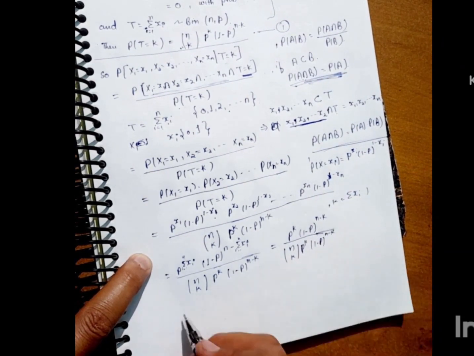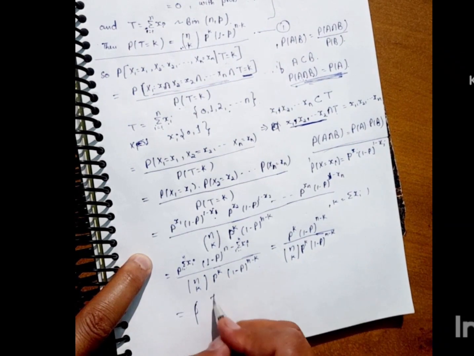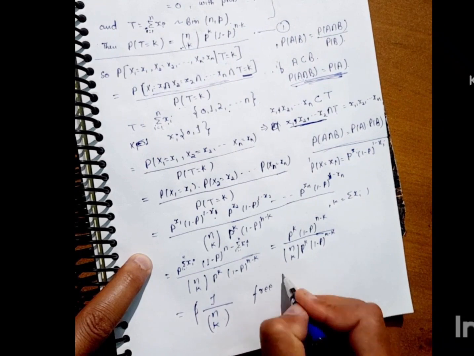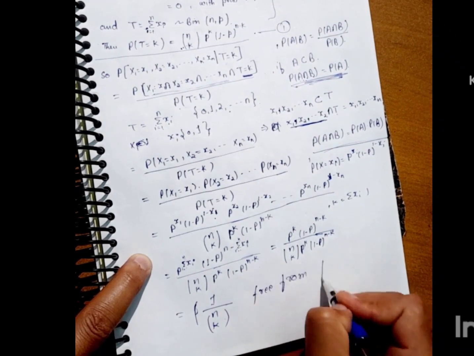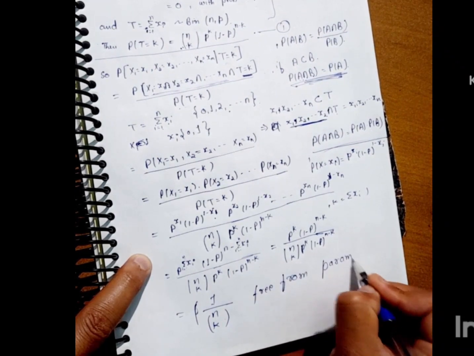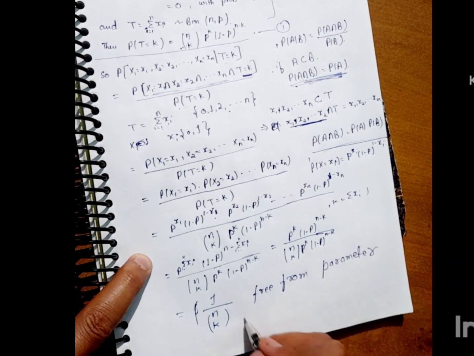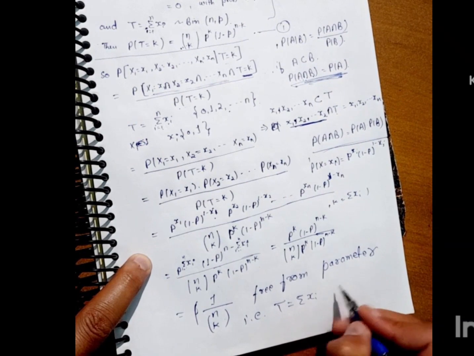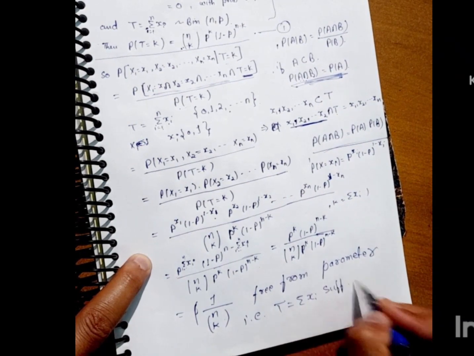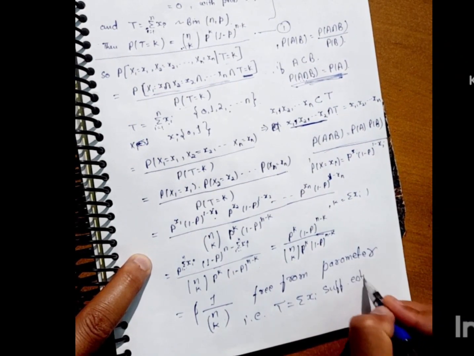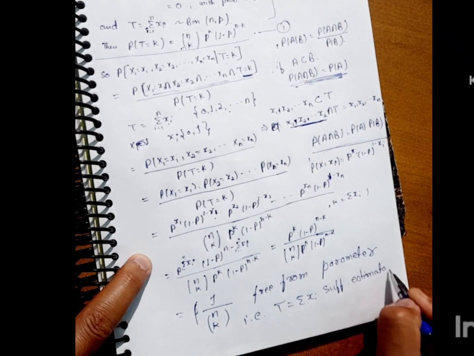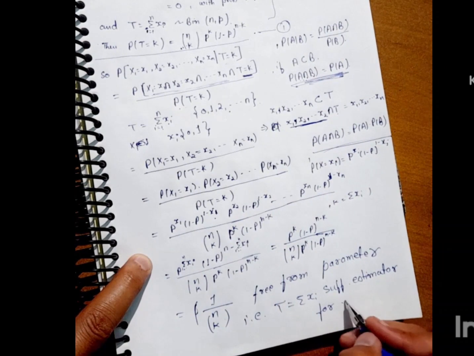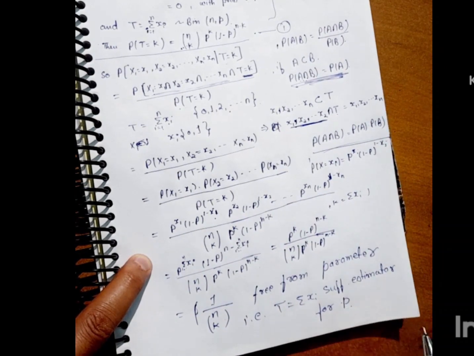These cancel out, so it is free from the parameter. That means T is a sufficient estimator for parameter p.